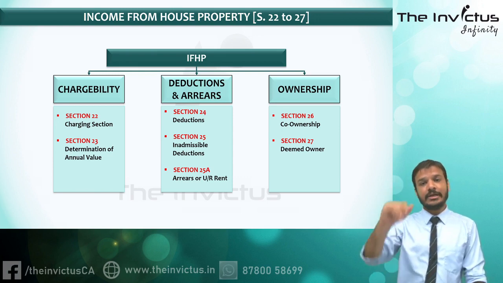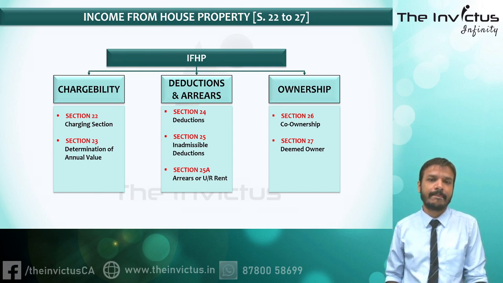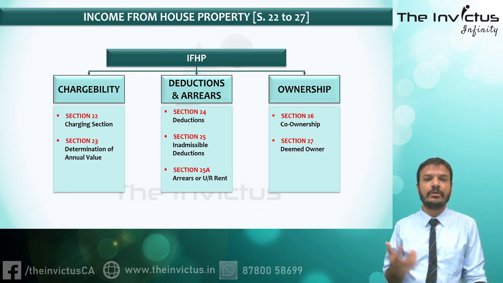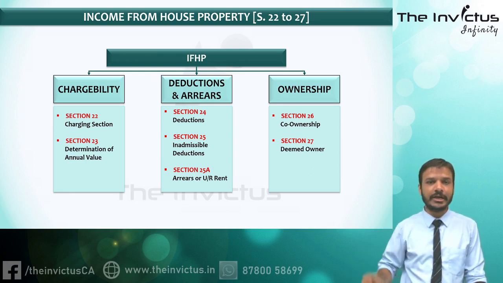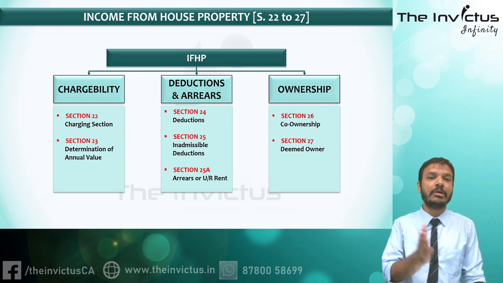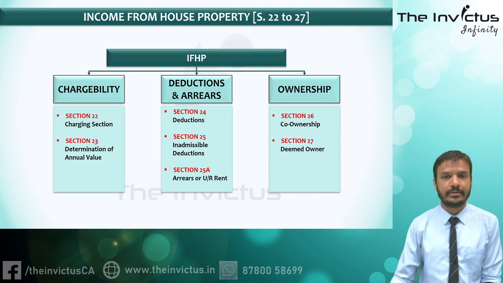We have discussed in our first session the definition of income. It says income means a periodical income or revenue receipt, right? So a revenue receipt, rental income, is definitely income for the purpose of income tax. But if I'm selling that property, it will be a capital receipt in my hand.